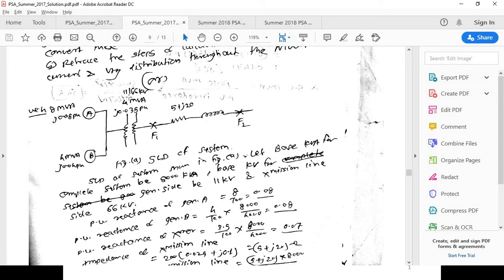In this case, the transformer ratio is 11 by 66 kV, and hence on the secondary side of the transformer the base voltage is 66 kV, and on the primary side, at the generator side, it is 11 kV.